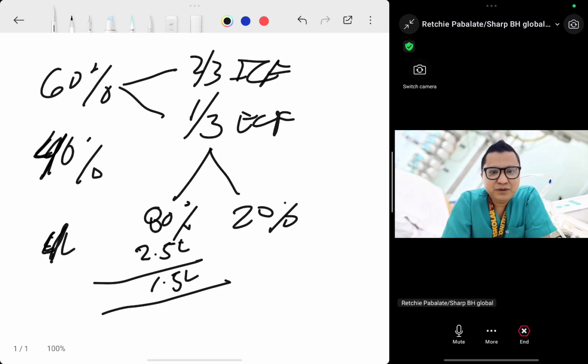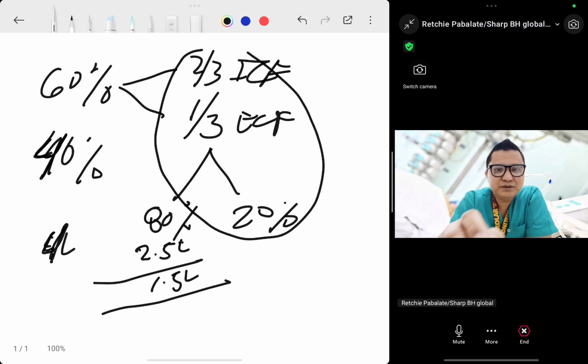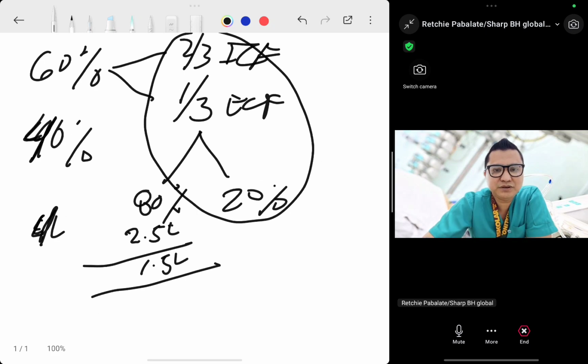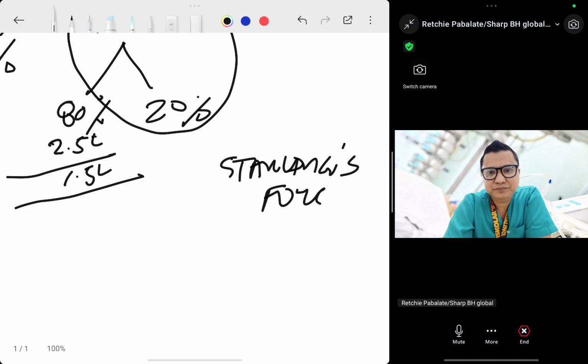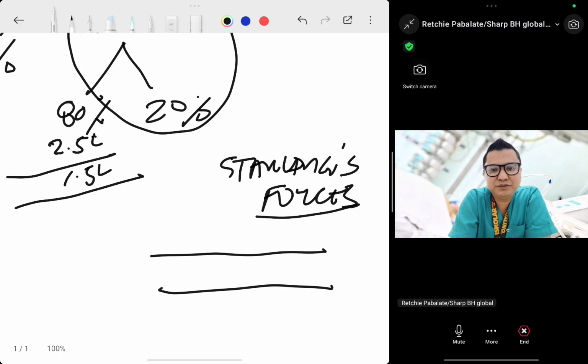What governs the movement of this fluid inside our body is what we call Starling's forces. Starling's forces maintain the balance between the movement of fluid from interstitial to intravascular, or from intravascular to interstitial space.